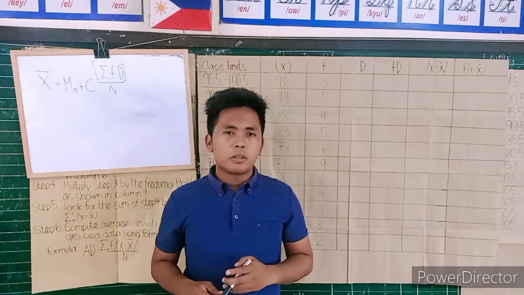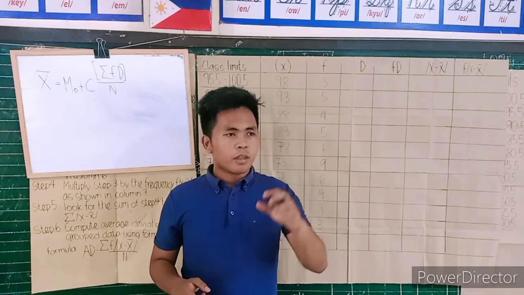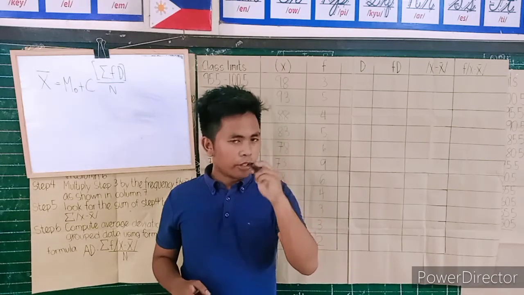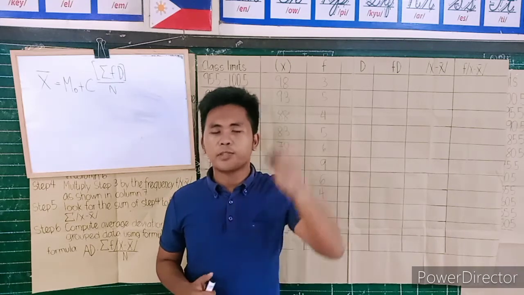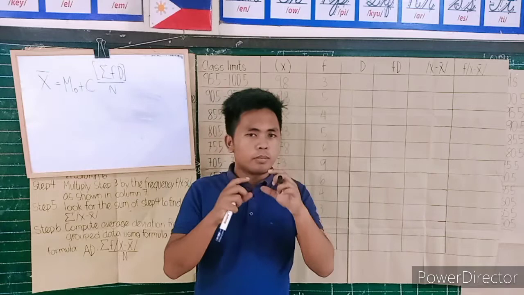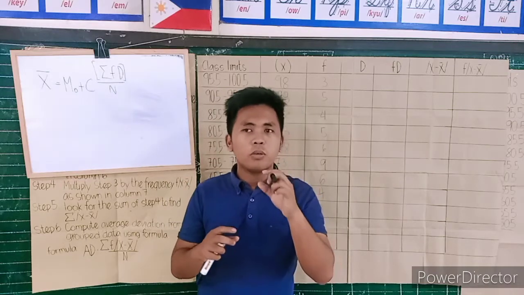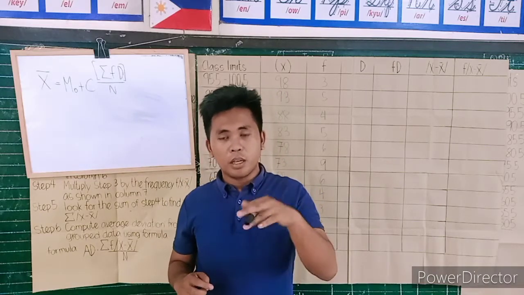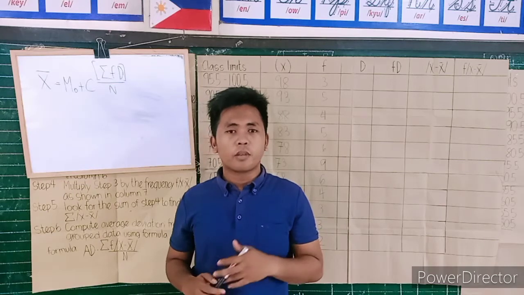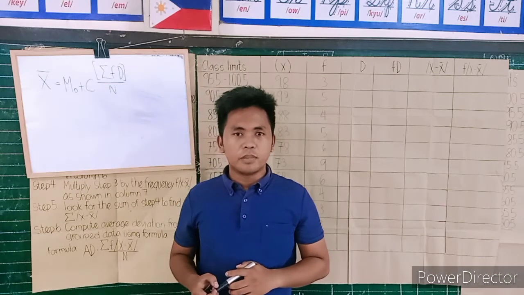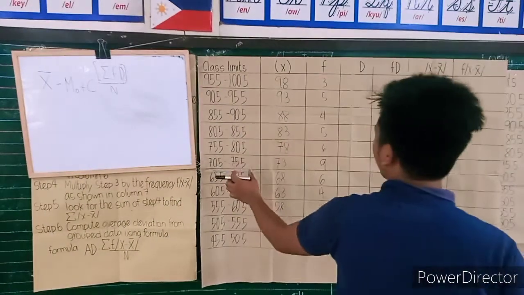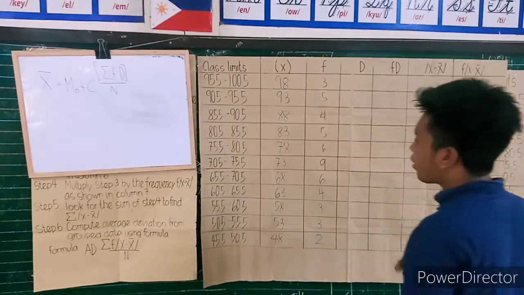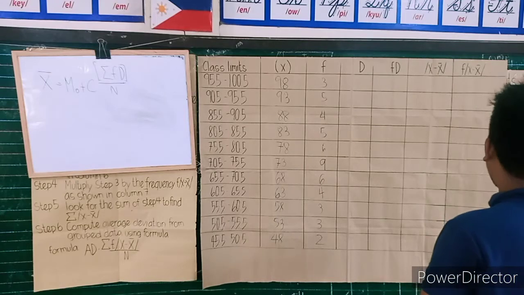The rule is that the point of origin, the zero: higher than zero is positive, and below zero is negative. We just set it here in the class limits where we put this deviation.